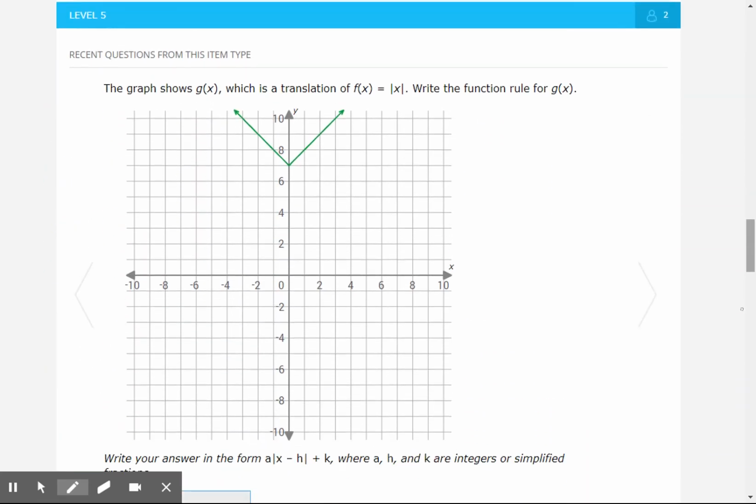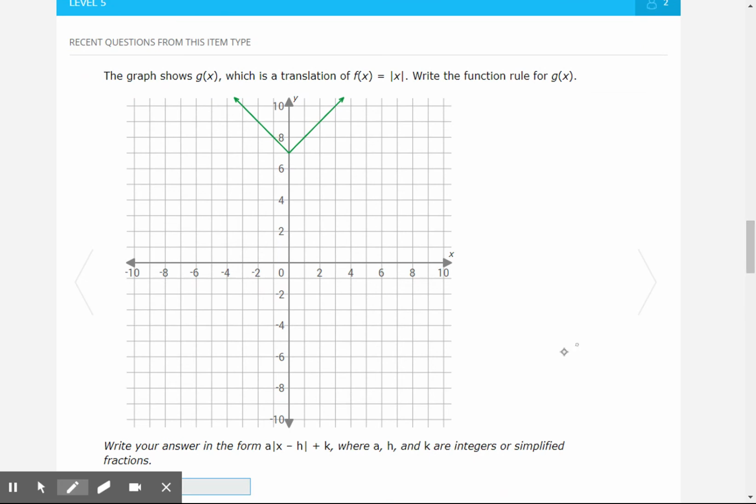The next is level 5, where we're going to be given a graph and we're going to be asked to write the function. So what I always like to do is draw a point where the vertex is. My vertex is going to be the point h, k, because our formula, if you look at this, is a times the absolute value of x minus h, and then plus k outside.